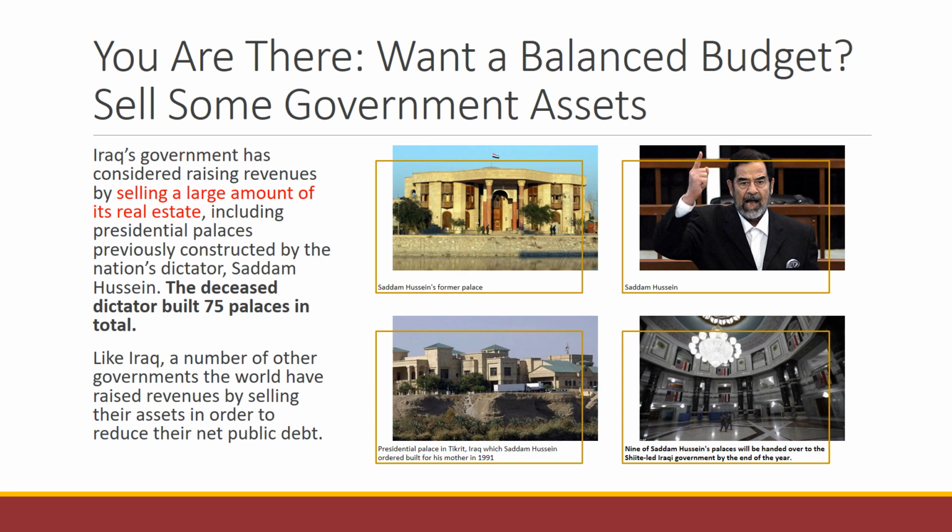Iraq's government has considered raising revenues by selling a large amount of its real estate, including the presidential palaces previously constructed by the nation's dictator Saddam Hussein. The deceased dictator built 75 palaces in total. Like Iraq, a number of other governments around the world have raised revenues by selling their assets in order to reduce their net public debt.